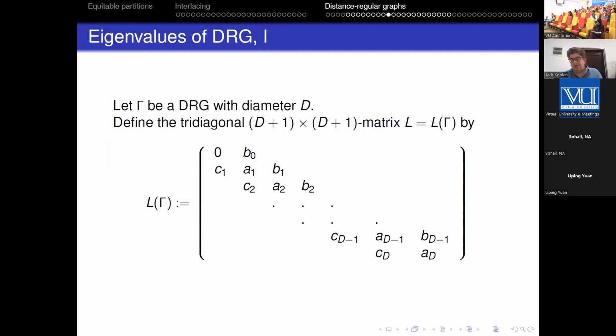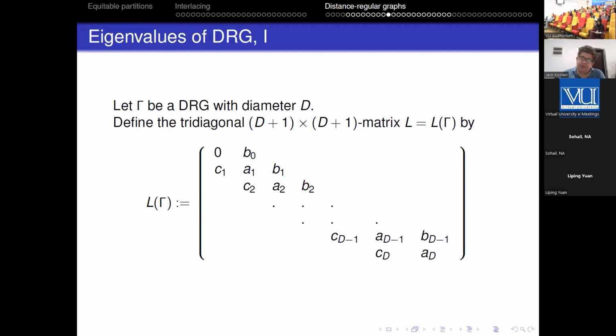The two subdiagonals are all non-zero. On the main diagonal, there can be zeros and can be positive numbers, non-negative numbers. But beside these three diagonals, there are only zeros. So I did not write anything there. I hope that's okay. So it's a (D+1) times (D+1) matrix.